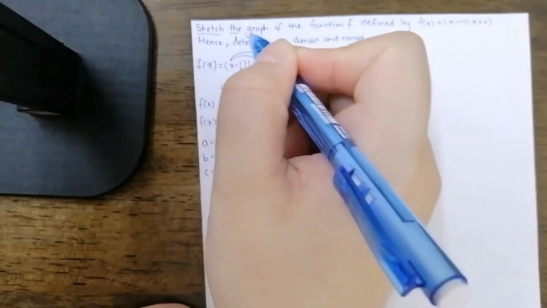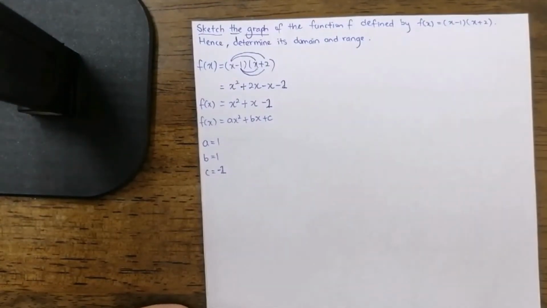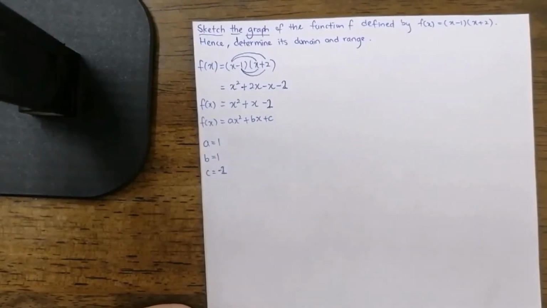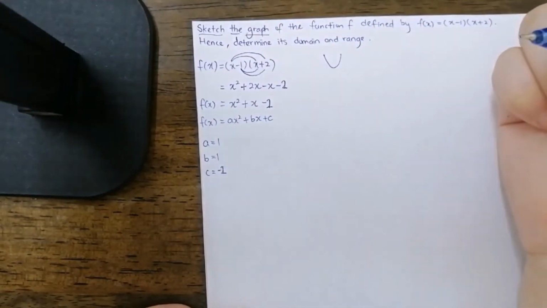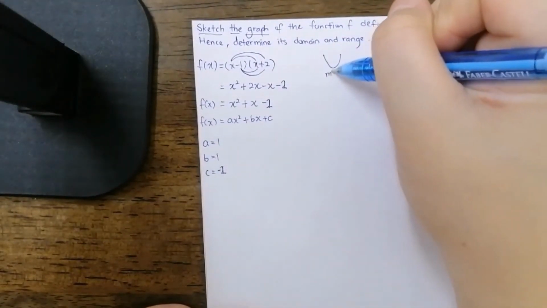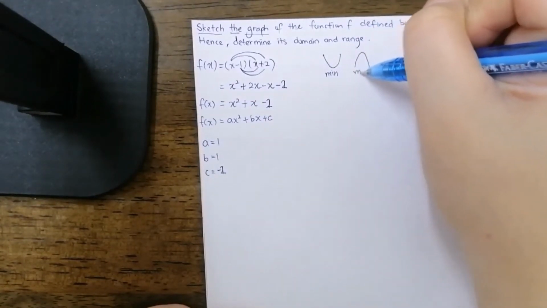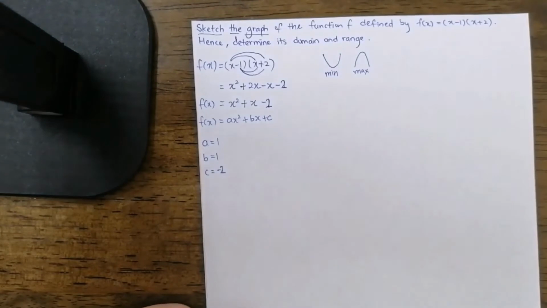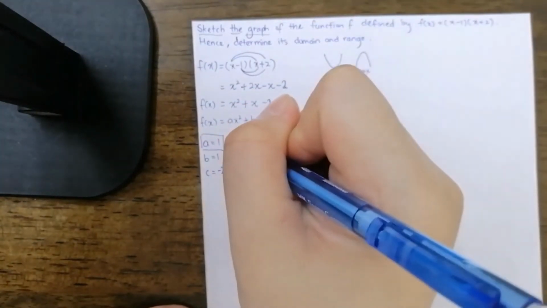And we have to sketch the graph. So we have two types of quadratic graph. We have a minimum graph and a maximum graph. So look at a.